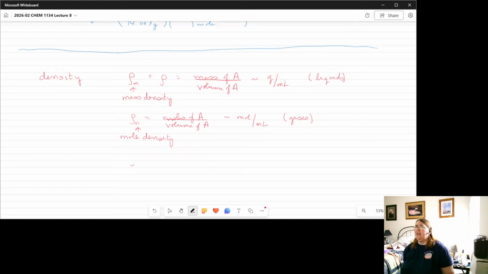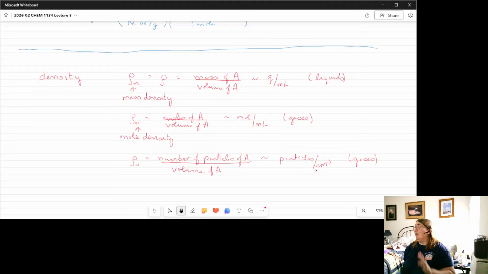And then you also have number density. For number density, we usually don't put a subscript in, but I'll put a capital N in there. This is number of particles of A per volume of A. And here you usually use cubic centimeters instead of milliliters because if you're going to go all the way to particles, you might as well.